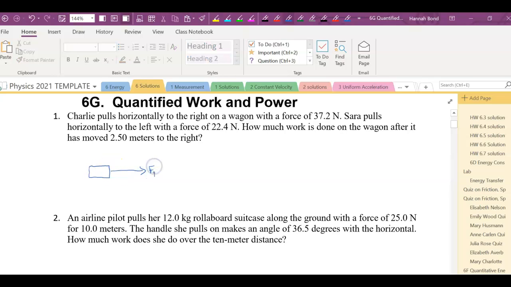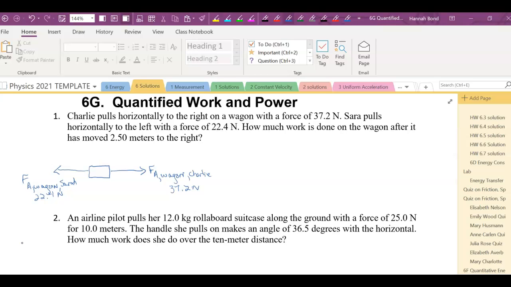So here's an applied force on the wagon by Charlie, 37.2 newtons. Sarah is pulling horizontally to the left, and she's applying a force of 22.4 newtons. And we'd like to know how much work is done on the wagon after it has moved 2.5 meters to the right.